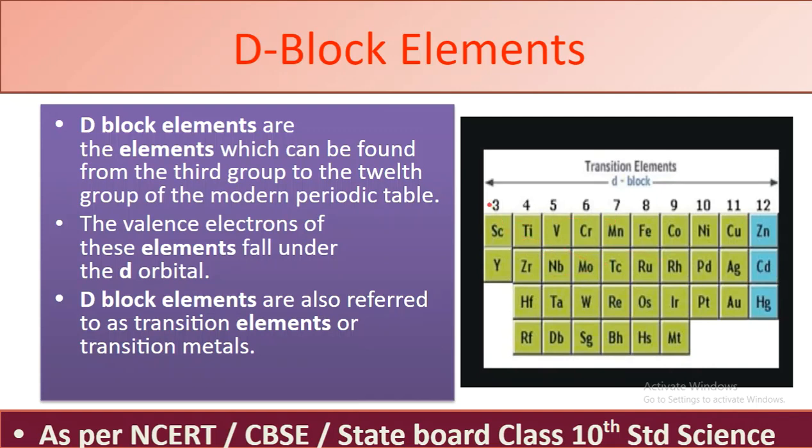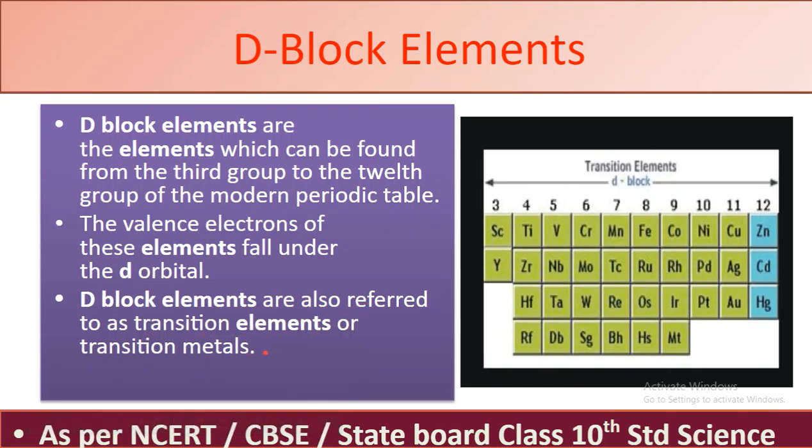The valence electrons of these elements, valence meaning the outermost shell electrons, fall under the d orbital. D block elements are also referred to as transition elements, or transition metals.